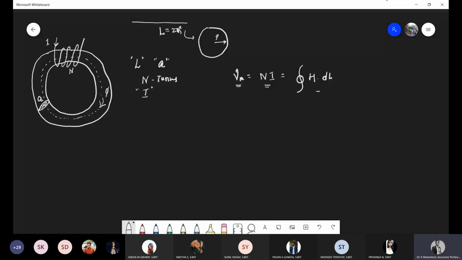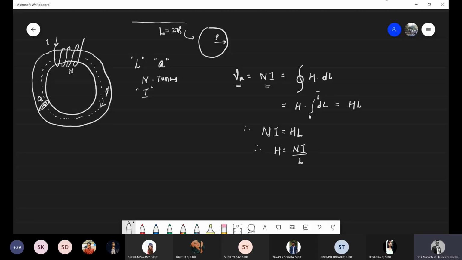So can I write this as H into the integral of dl from 0 to L, which is equal to HL. Therefore, Ni is equal to H into L, and we obtain H is equal to ampere turns over L.